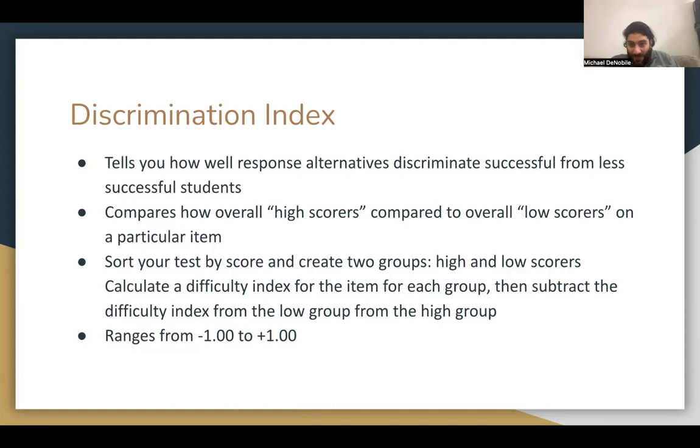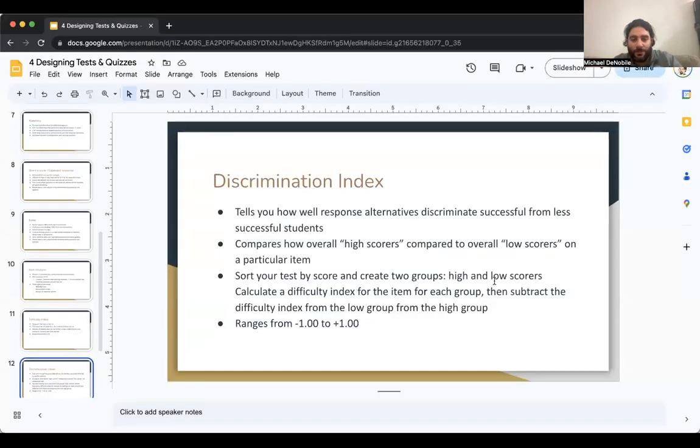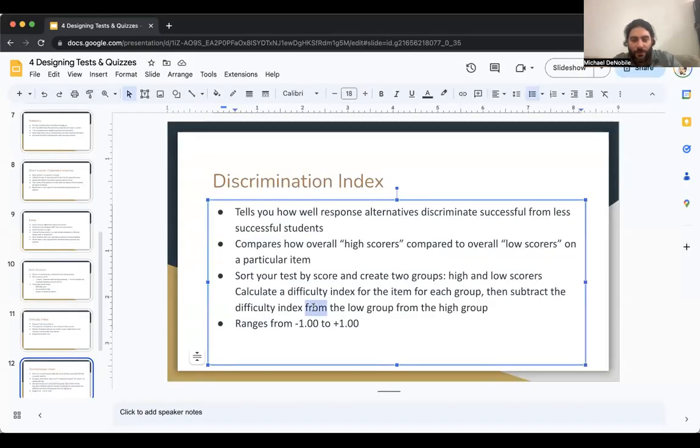So you cut it down the middle, 50-50. Calculate a difficulty index for the item for each group, then subtract the difficulty index of the low group from the high group.